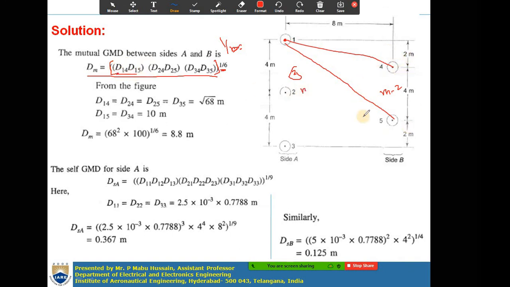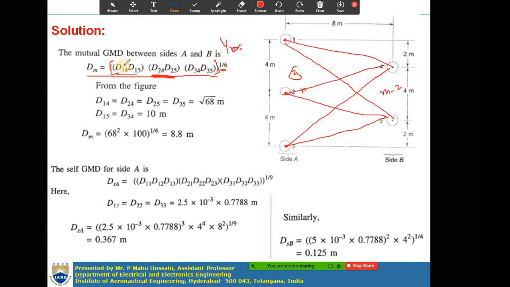Side B has only 2 strands, so you will have only 2 mutual distances for each strand in side A. Similarly, for conductor 2 in side A, the mutual distances are 2 4 and 2 5. This is the second product. For the third conductor, the mutual distances are 3 4 and 3 5, all the product whole to the power of 1 by 6.